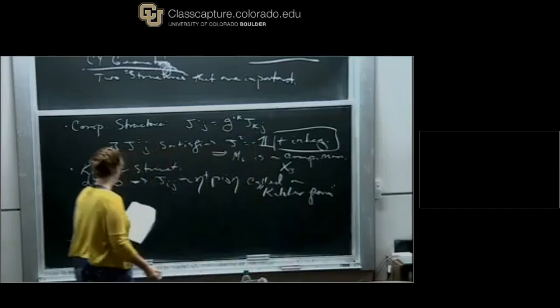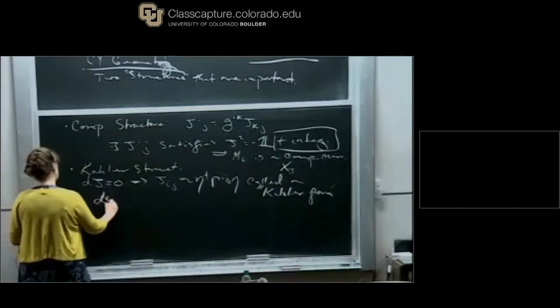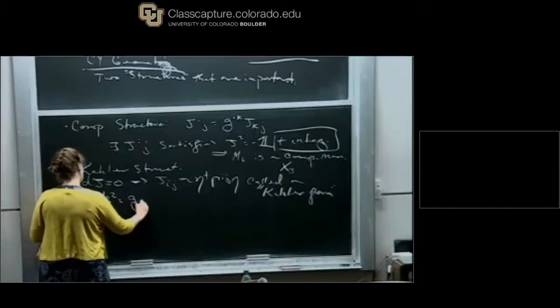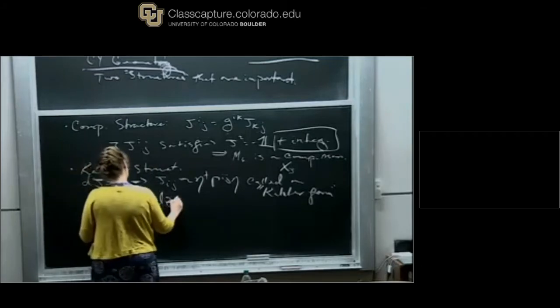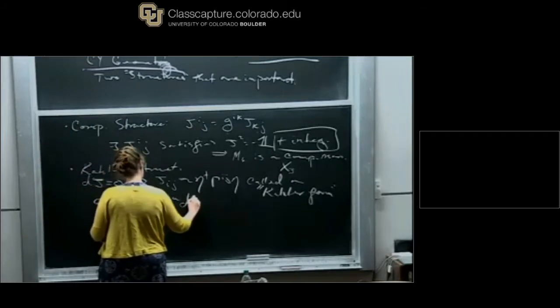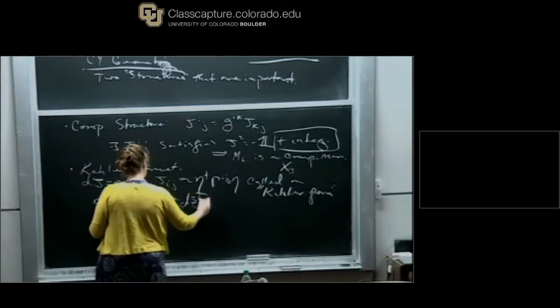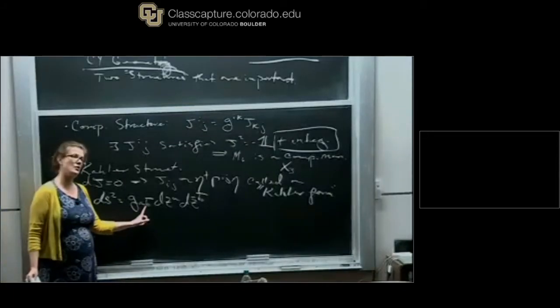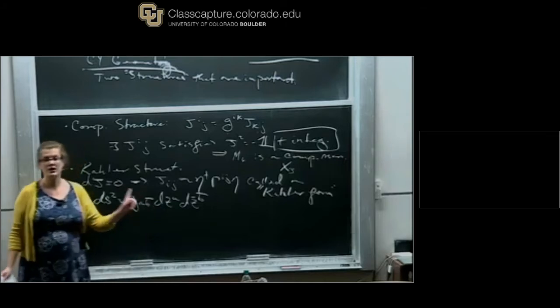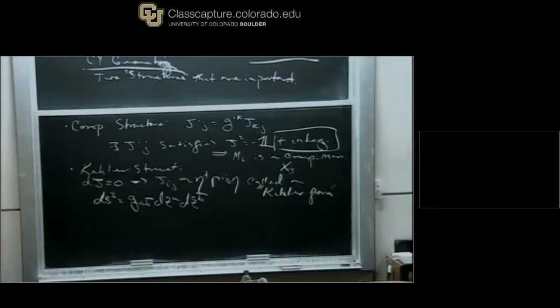And it tells you that the metric has a very particular form. You can write it in the complex coordinates that are available to you, as a metric with one barred and one unbarred index, so a (1,1) type metric. The components with both barred or both unbarred indices are zero.